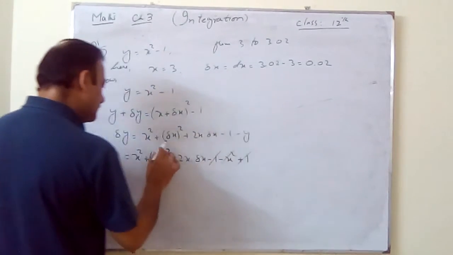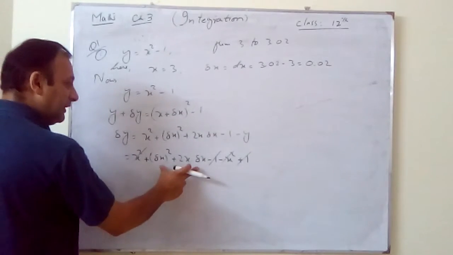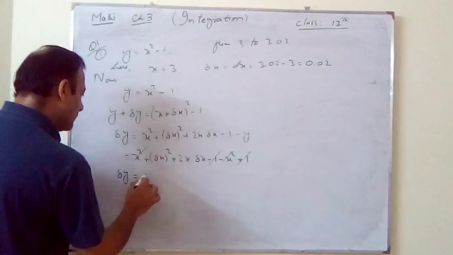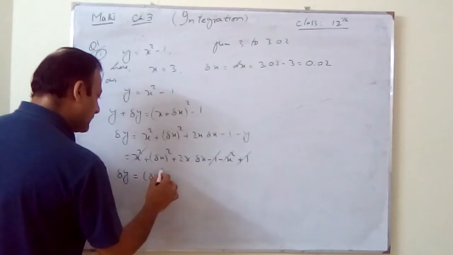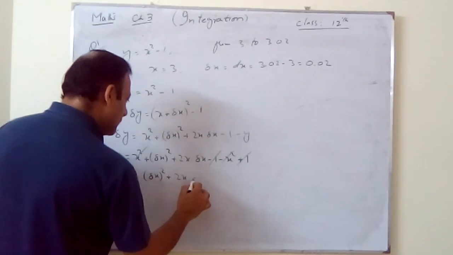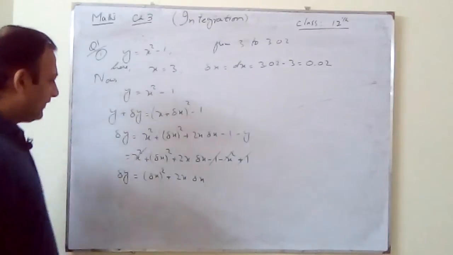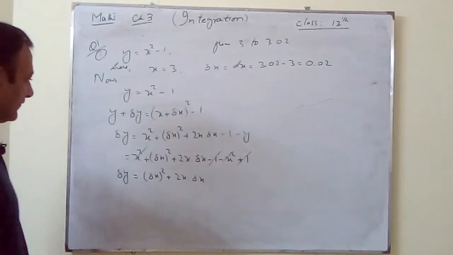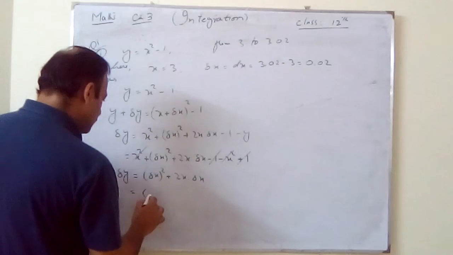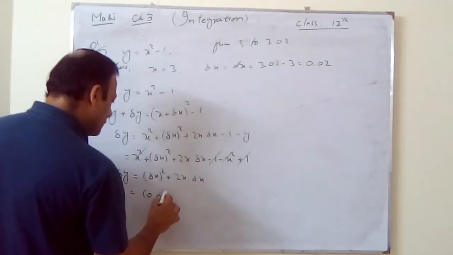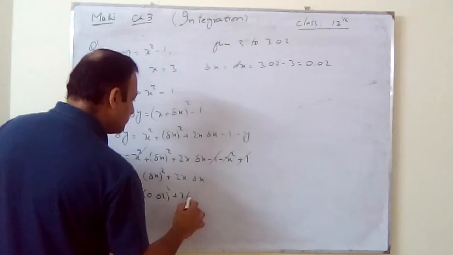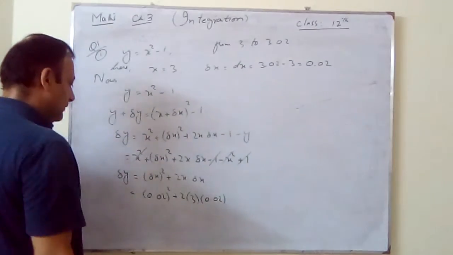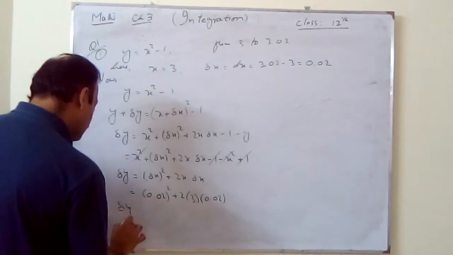These two cancel, so we have only this: delta y is equal to delta x whole square plus 2x into delta x. Put the values: 0.02 whole square plus 2 into 3 into 0.02.